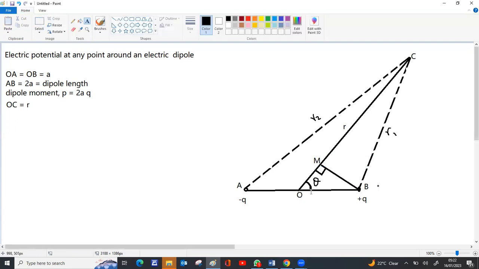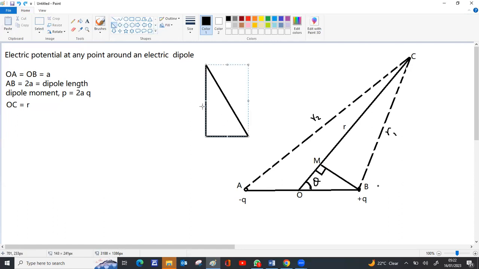For a short dipole, for the point r very, very large, BC is approximately equal to MC. Practically, the altitude and hypotenuse of a right triangle will never be equal.